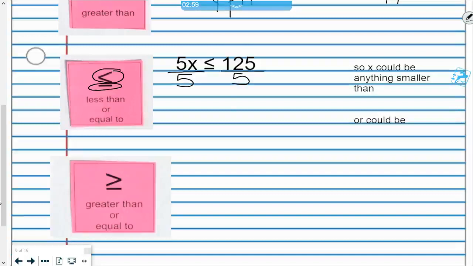X cancels out, so x is going to be less than or equal to 125 divided by 5. Think of money in quarters. That is 25. So x can be anything smaller than 25, but it also could be 25 because it is less than or equal to.